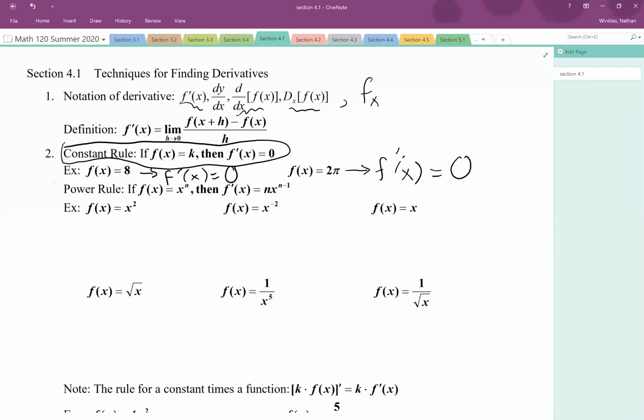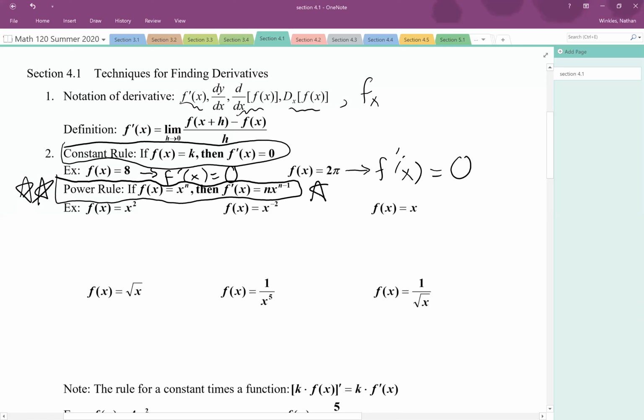The next one that we can talk about, which is, in my opinion, one of the most important rules that we can have for derivatives, and probably the one that is used the most out of every rule that we have, is the power rule.